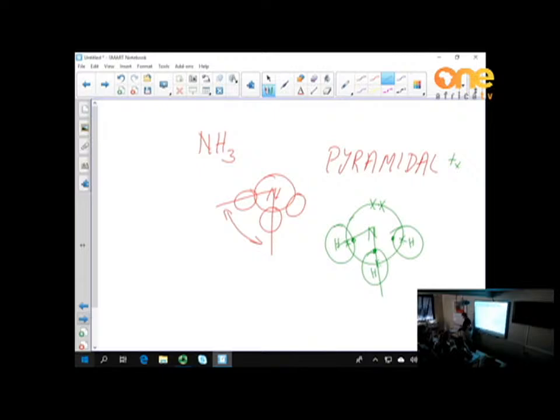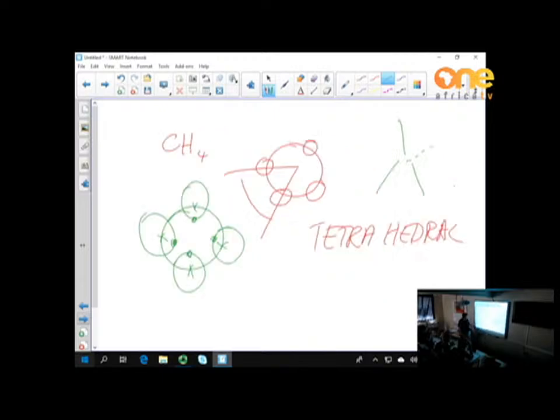And the last one, tetrahedral one, methane: the bond angle is 109.5. I always confuse them. They shouldn't, no. If they do, it can be an unknown compound XY4. Similar formula, it's going to be tetrahedral.